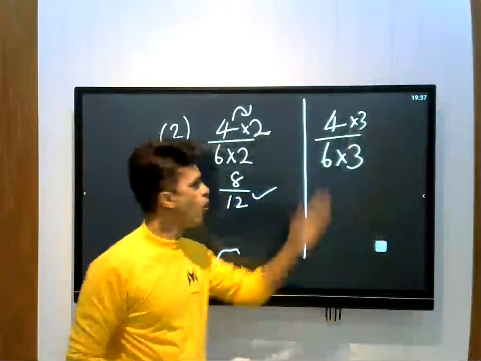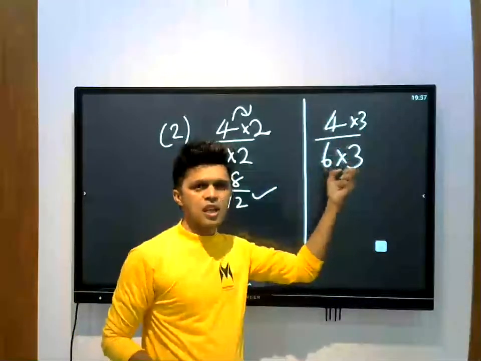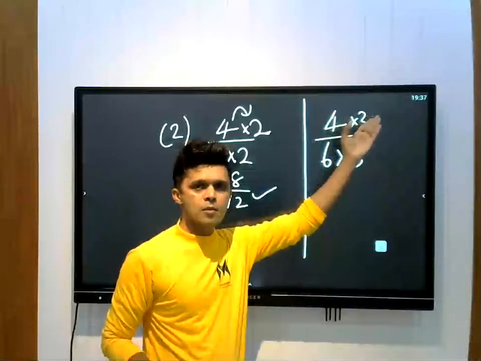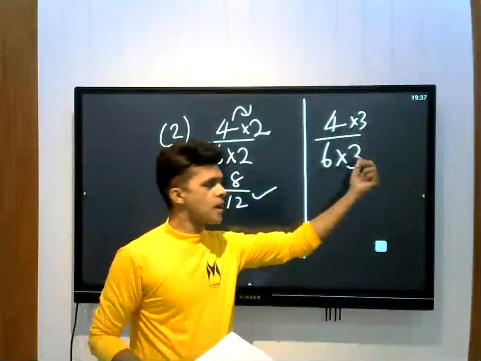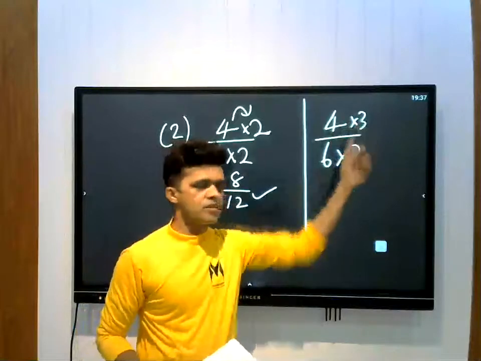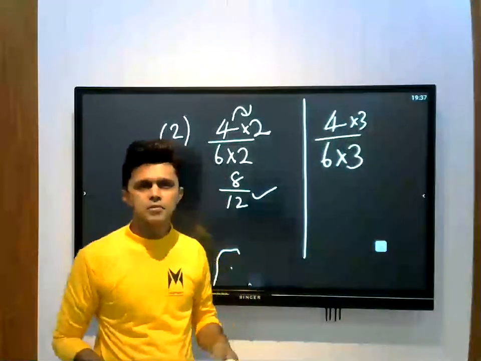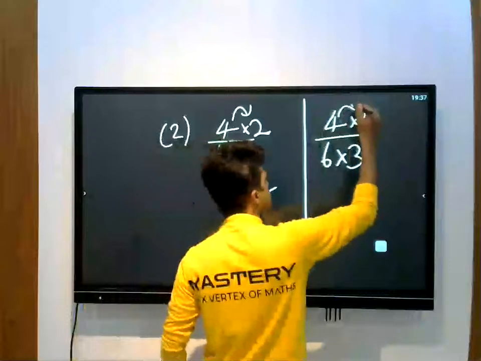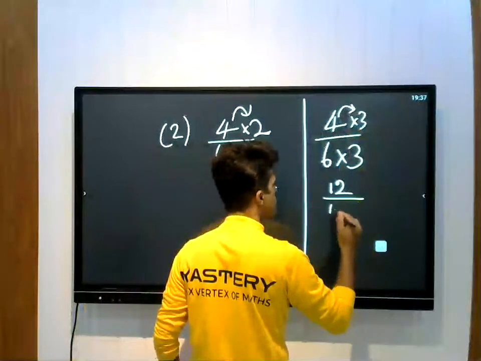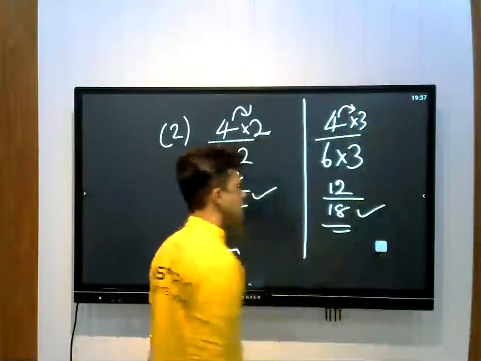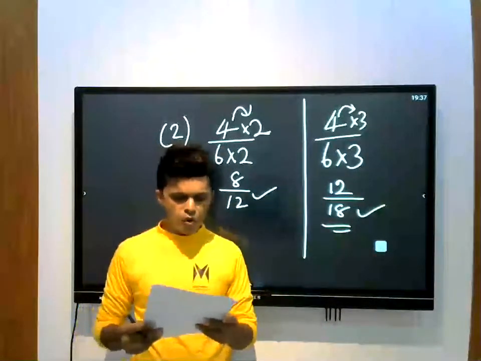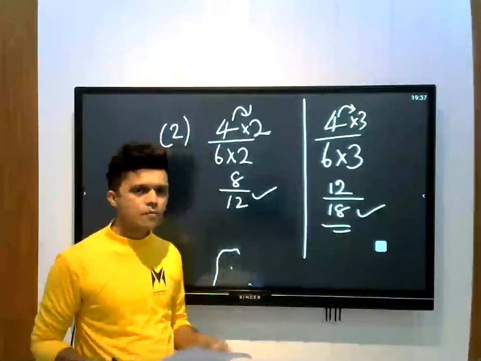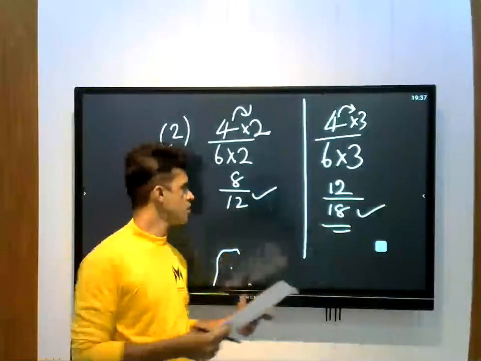If you select 4, multiply both sides by 4. If you select 5, multiply both sides by 5. So 4 times 3 is 12, 6 times 3 is 18. These are the equivalent fractions for 4 over 6.